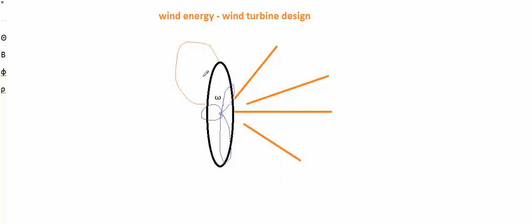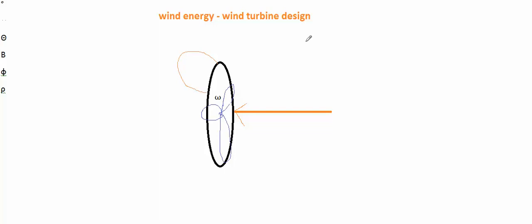Now just imagine this orange line is the velocity vector, and because of the yaw control it is perpendicular to the rotor plane. What we are interested in is the maximum amount of power that is available in this wind.